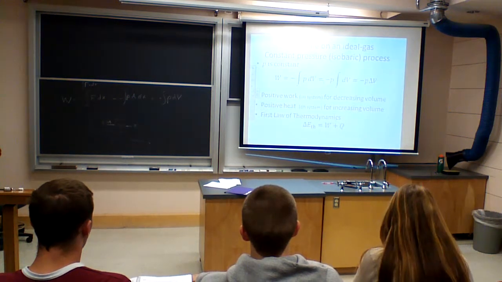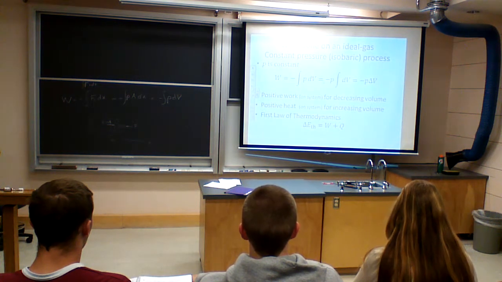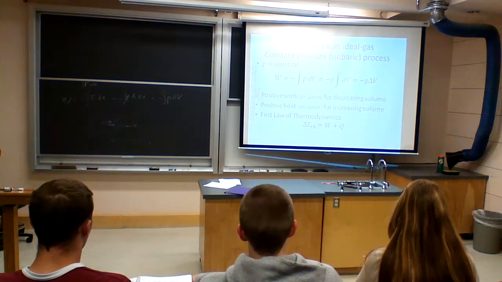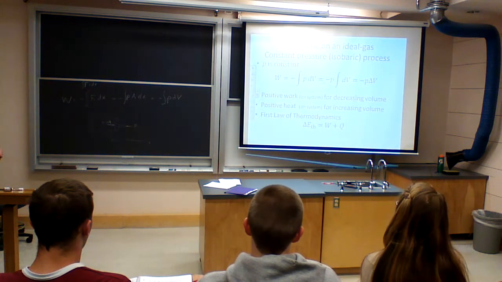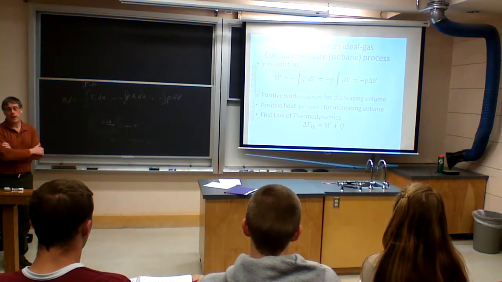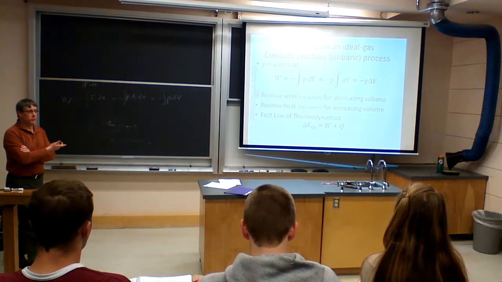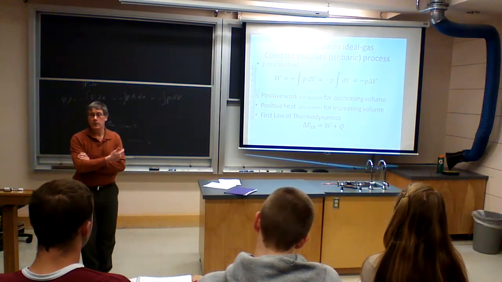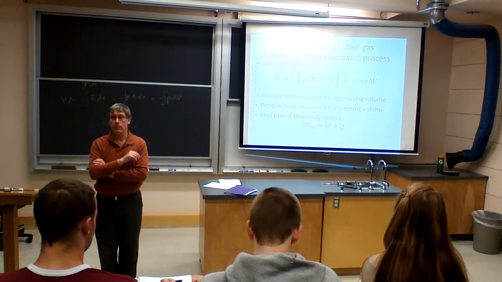If we go to a constant pressure process, that integral becomes very easy because pressure is constant. P is constant, you can pull it out, and so the work done in a constant pressure or isobaric process is just negative P times the change in volume. The integrals become more interesting for adiabatic and isothermal processes, and that's where we'll go on Wednesday.